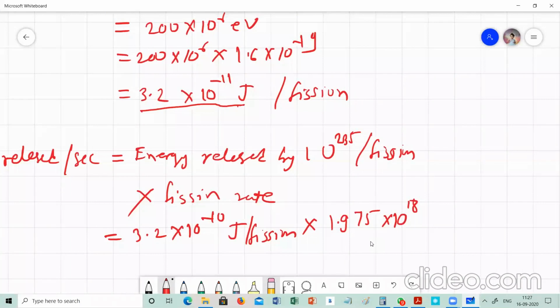This number of fissions are happening in a second.